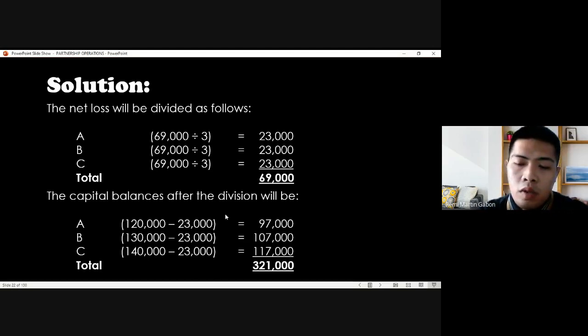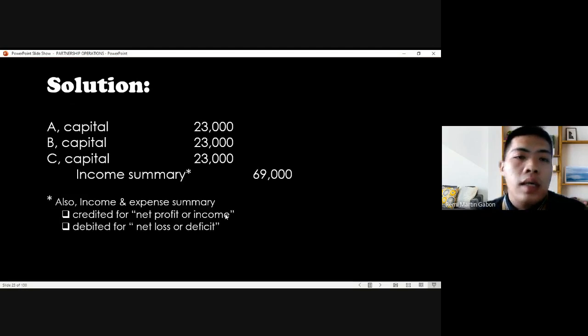Okay, so for journal entry purposes, since the result, as an assumption, is a loss, a previous entry should have been presented in which the income summary, or income and expense summary, was debited to indicate a loss. What I'm talking about is when you prepare the income statement, you are summarizing the expense accounts, then the revenue accounts.